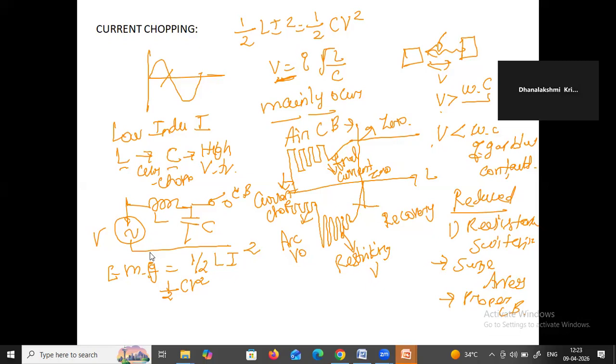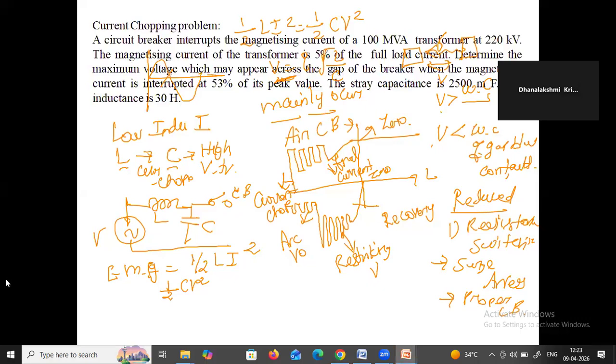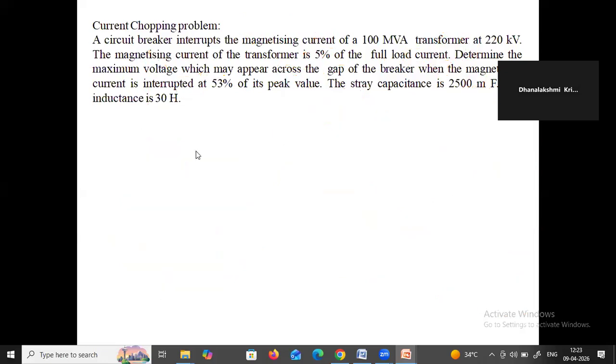Now we see one problem on current chopping. A circuit breaker interrupts the magnetizing current of a 100 MVA transformer at 220 kV. The magnetizing current of the transformer is 5% of the full load current.